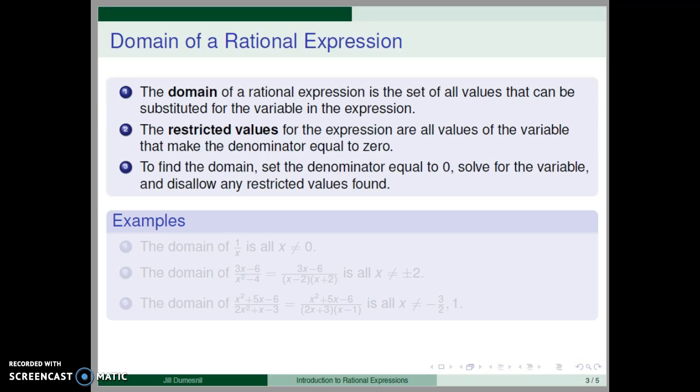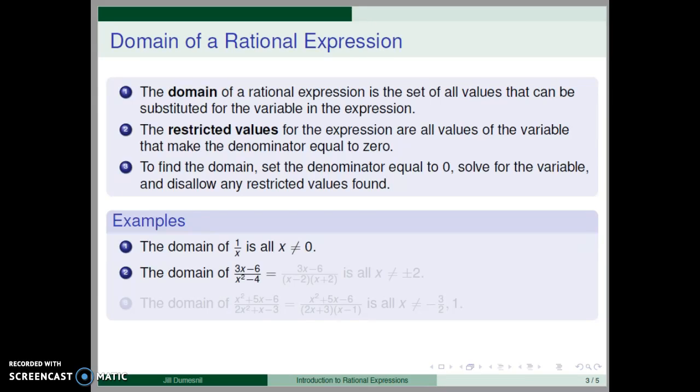Some examples might help to clarify this process. The domain of 1/x is all x not equal to 0. Sometimes factoring the denominator is necessary to determine the restricted values.